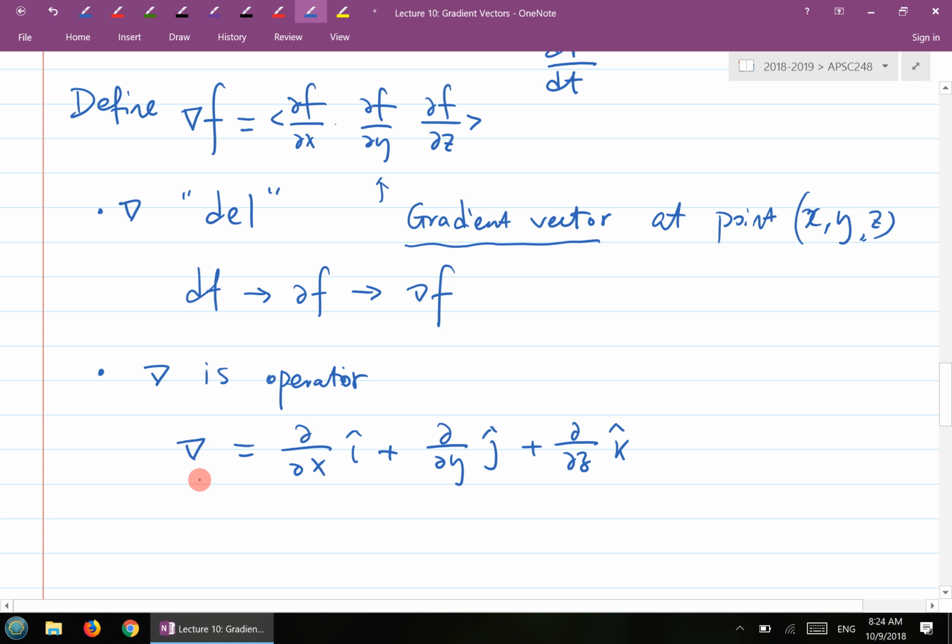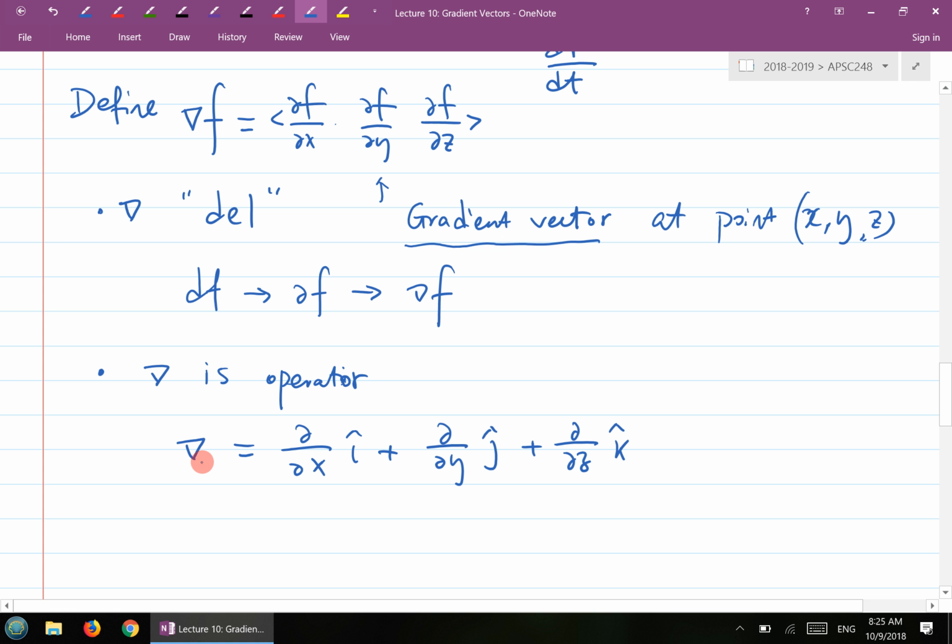Operator basically means if you apply this operator to any function, right? Let's say you have a derivative operator. I apply this operator to a function, you get a derivative. You have an integration operator, then you apply it to a function, then you get an integration.